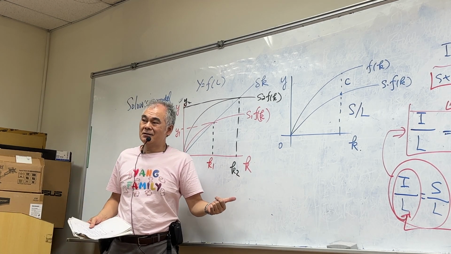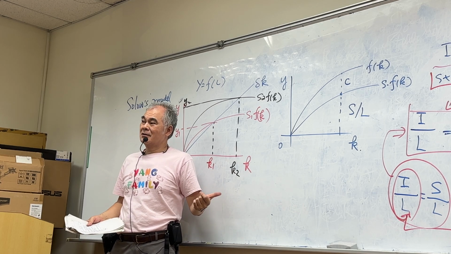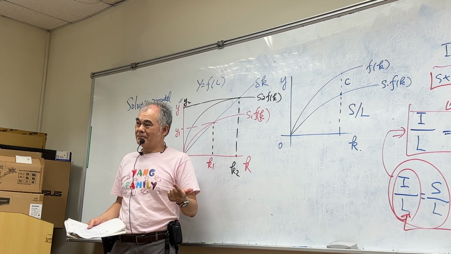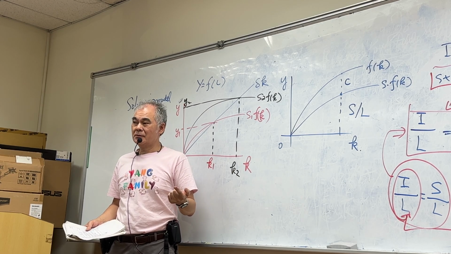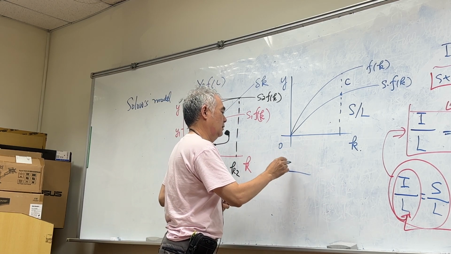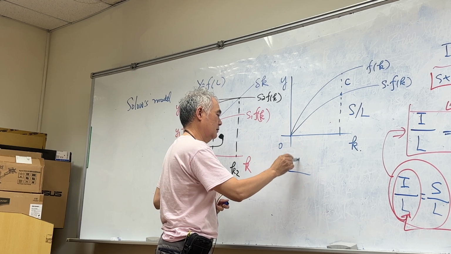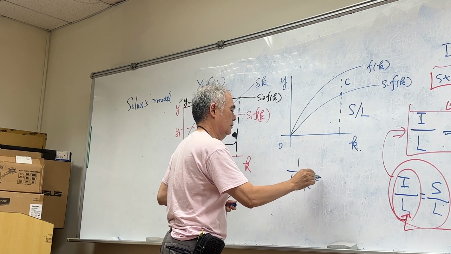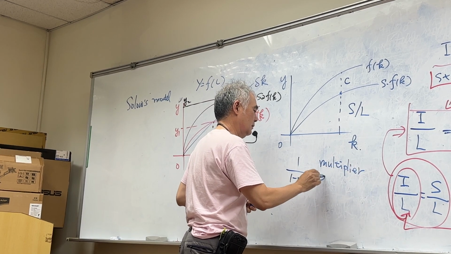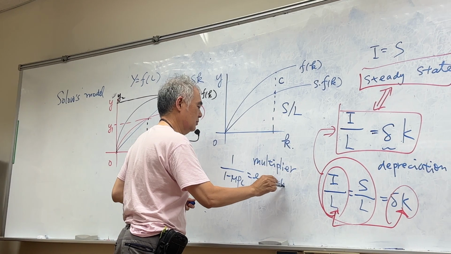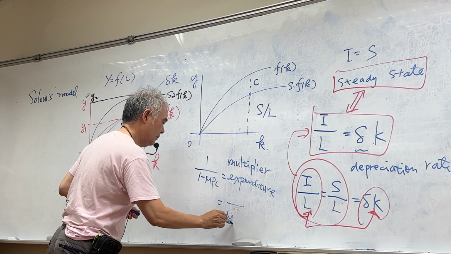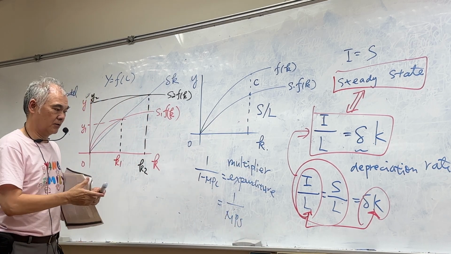So, you see, it's different from Keynes. Keynes says if you're going to have higher income, more production, what would you need? The expenditure multiplier, and this is equal to 1 over MPS.